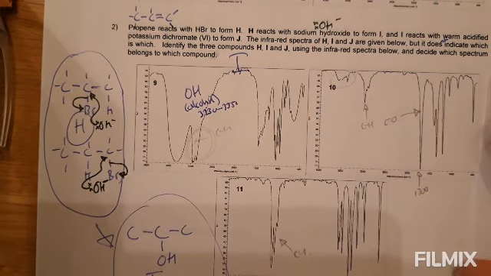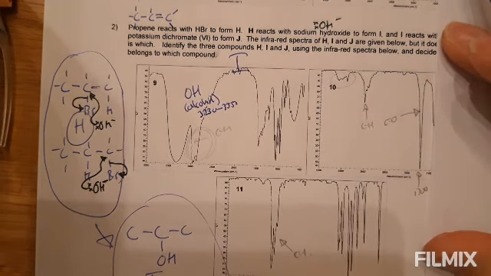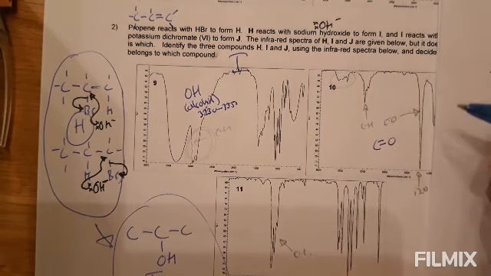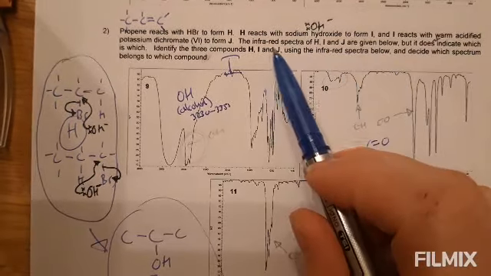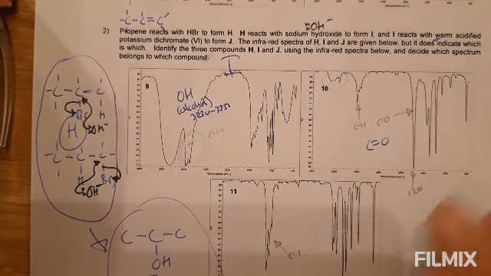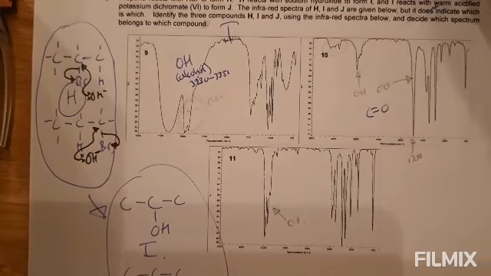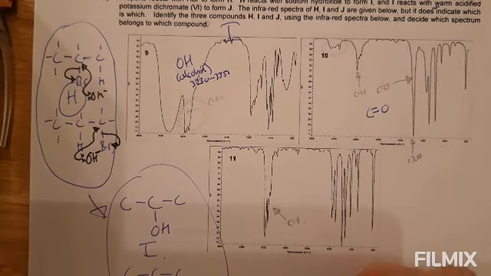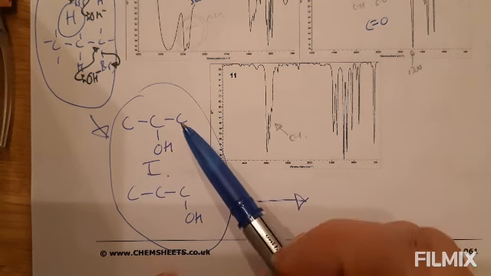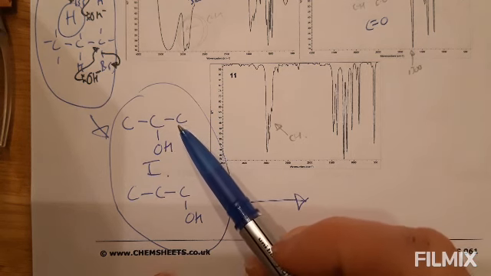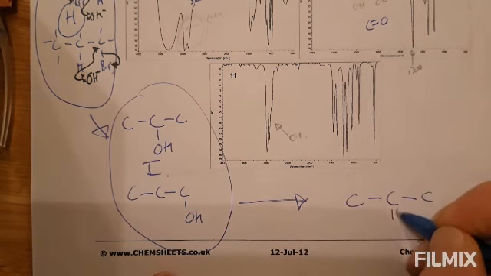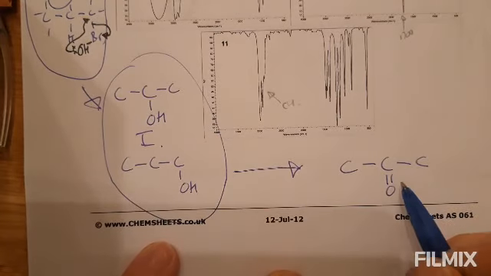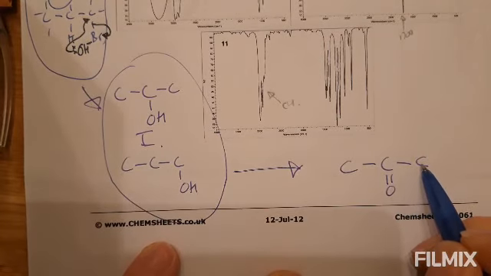Right, I'm going to see if there's a, going to go across there. This one has got a carbonyl peak. So it has got a C double bond O. That is telling me, right, that's to do with, it says here, I reacts with acidified potassium dichromate to form J. Alright, when you react an alcohol with acidified potassium dichromate you're going to get either that ketone, propanone.